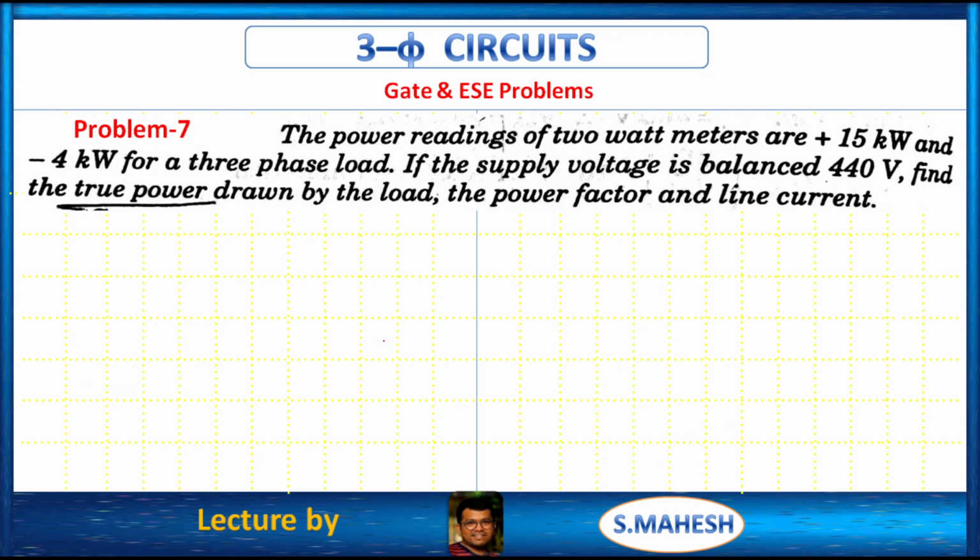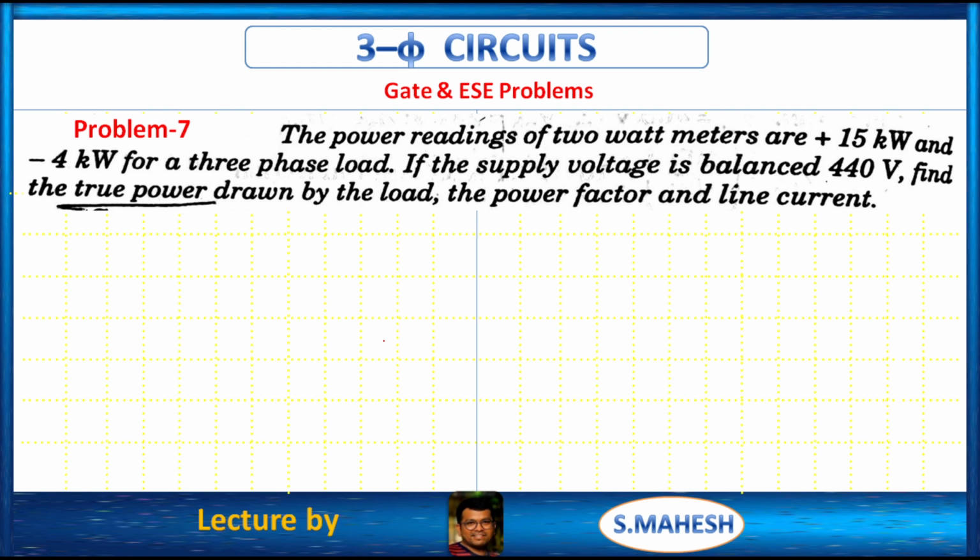Next, the power readings of 2 wattmeters are plus 15 kilowatts and minus 4 kilowatts for a 3-phase load. If the supply voltage is balanced 440 volts, find the true power drawn by the load, the power factor and the line current.